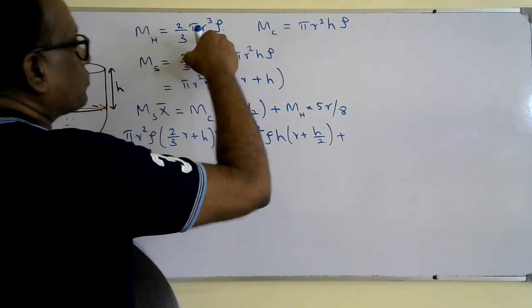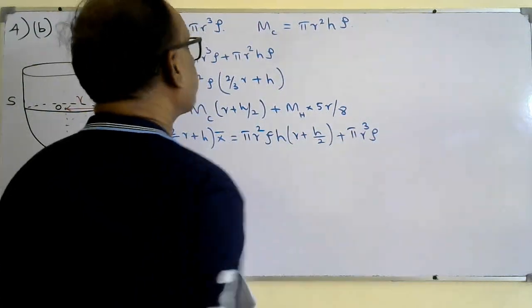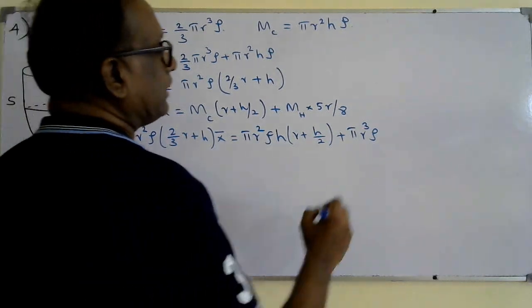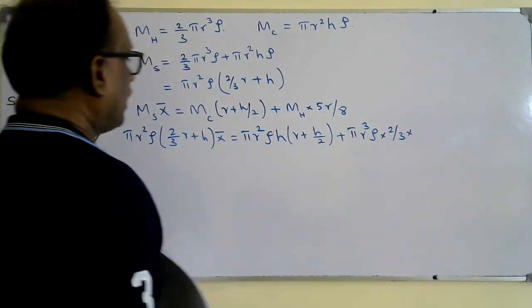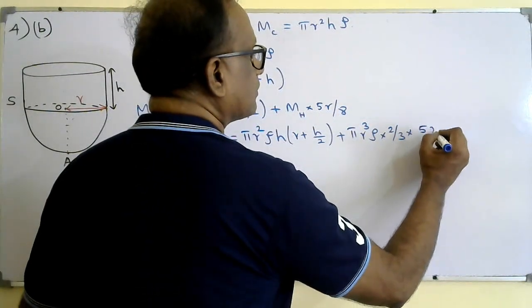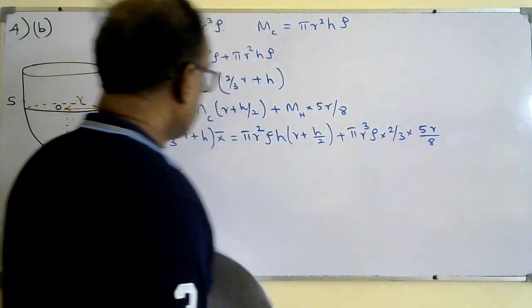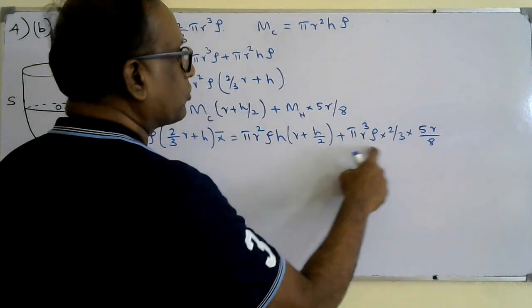Here also pi r squared rho, so pi r cube rho into 2 by 3 times the center of mass 5r by 8.